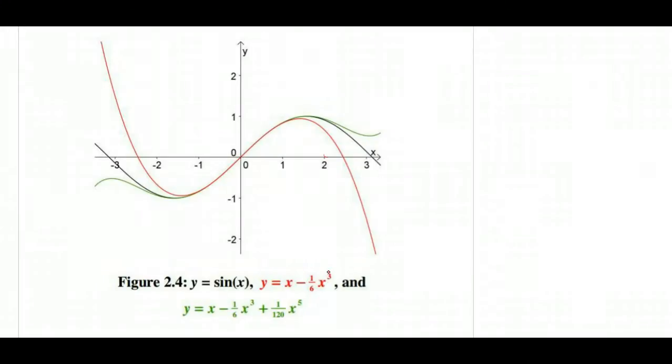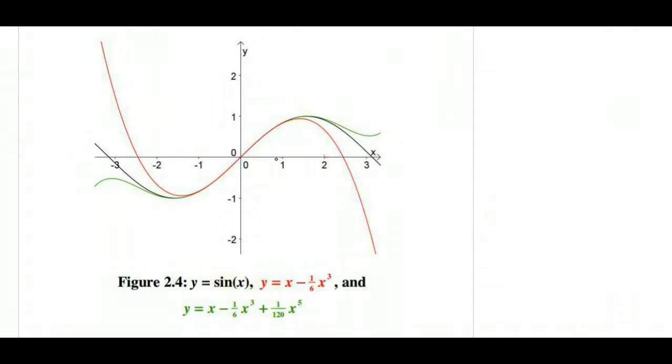But nobody said we had to stop at cubic polynomials. We can also try a quintic polynomial, so a polynomial of degree 5. And this green curve here is actually the quintic, x minus 1/6 x cubed plus 1/120 x to the 5th. And you'll notice that this green curve hugs the sine function just a little bit further.